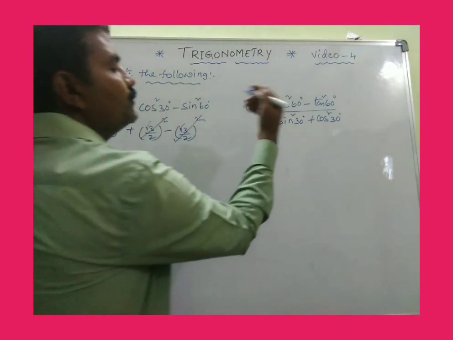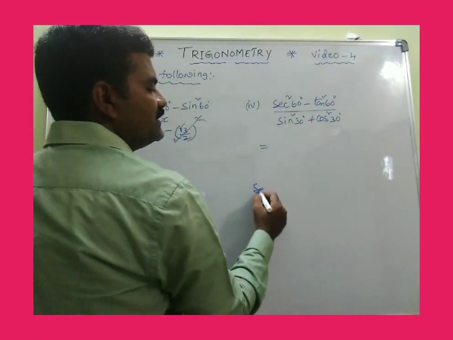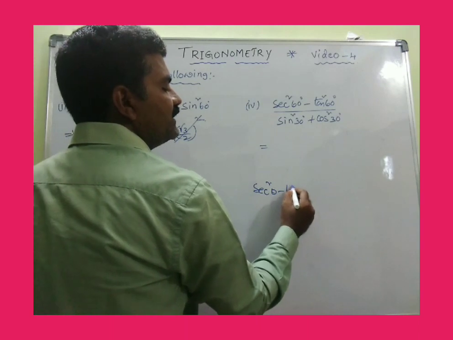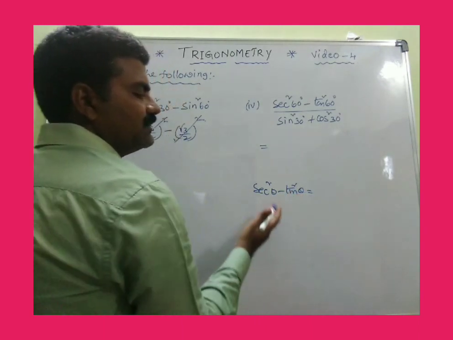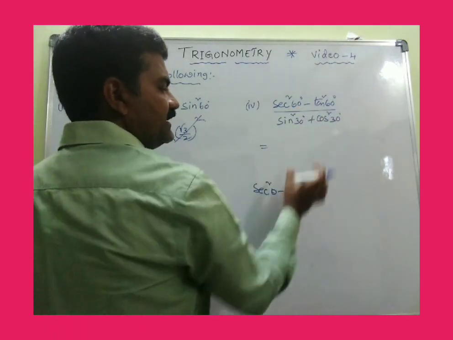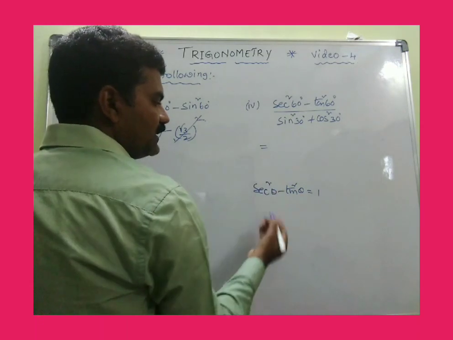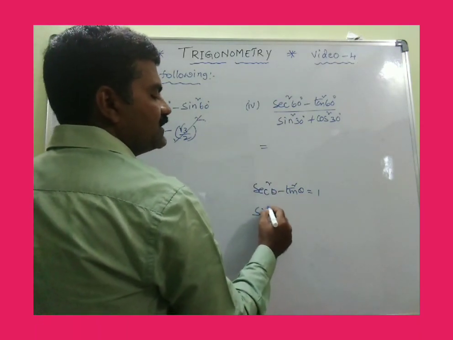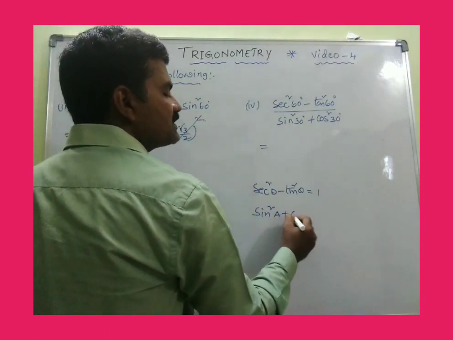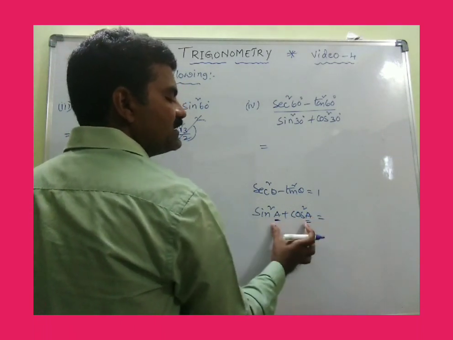And coming to the next one, it is very simple. Here we need not substitute the values, because the numerator is secant square theta minus tan square theta, which is an identity equal to 1. The angle is 60 and 60, and theta can be any angle, I told you, even 0. Now the denominator is also sin square A plus cos square A. You have to see only whether both have the same angle or not.